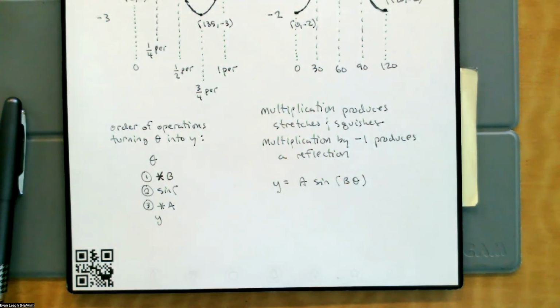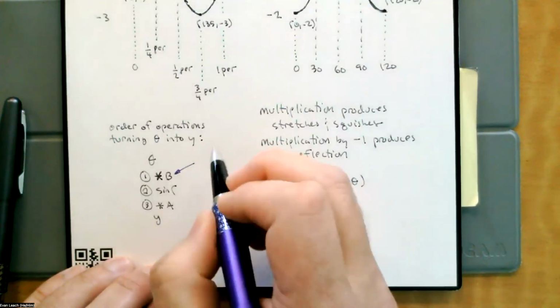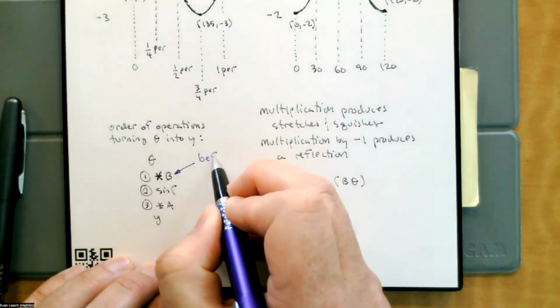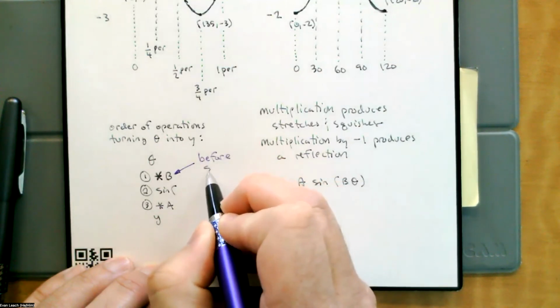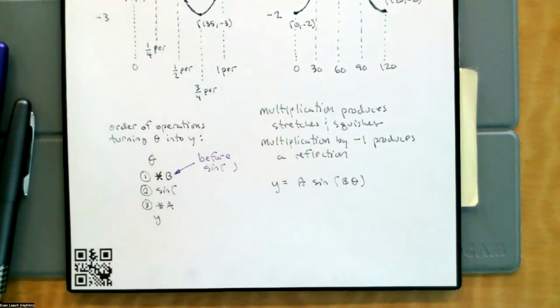That multiplication by b is an operation that took place before the trig function. So I'm reading this times b as this took place before the trig function. This multiplication by a took place after.